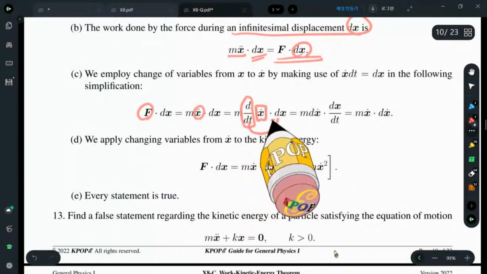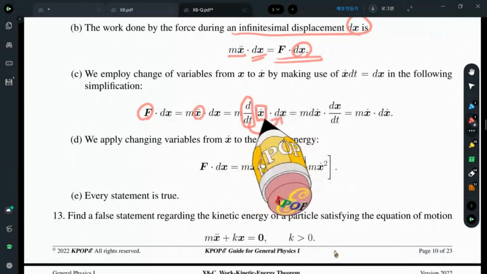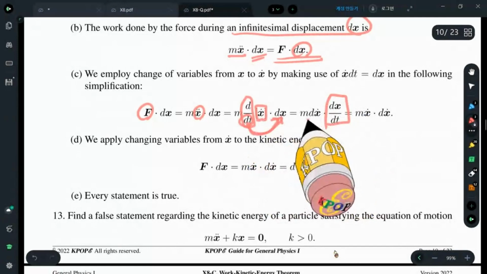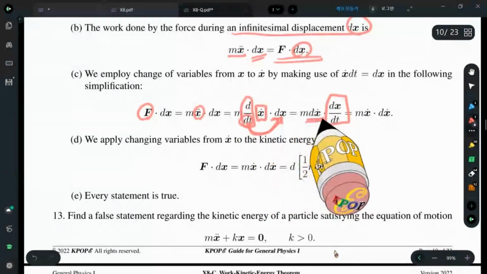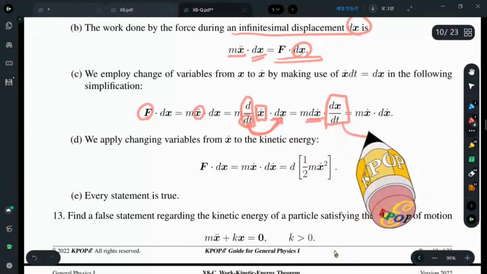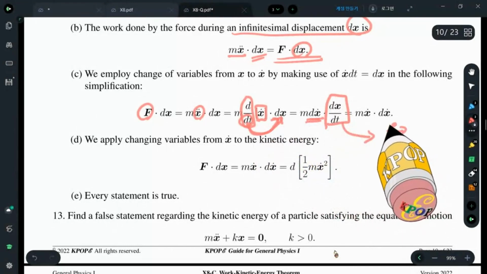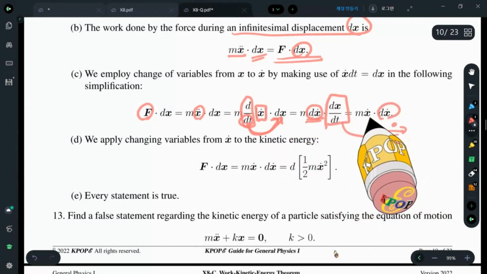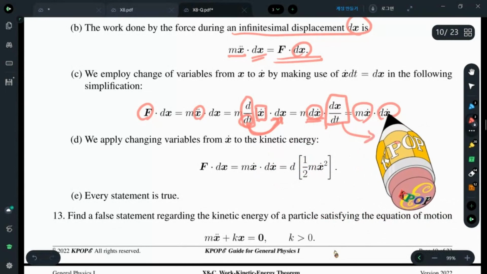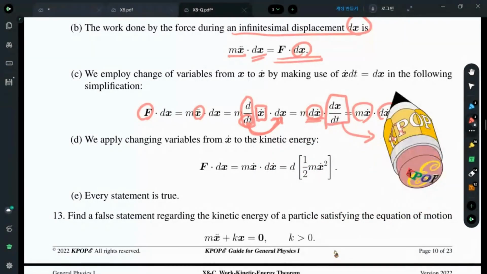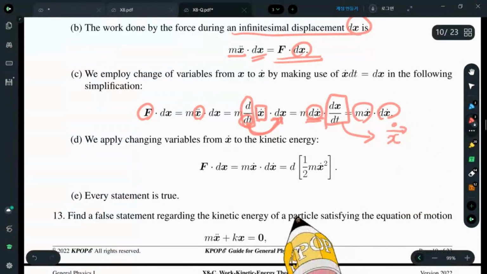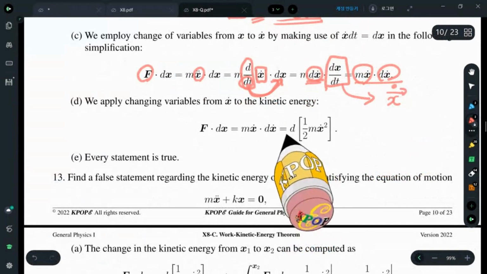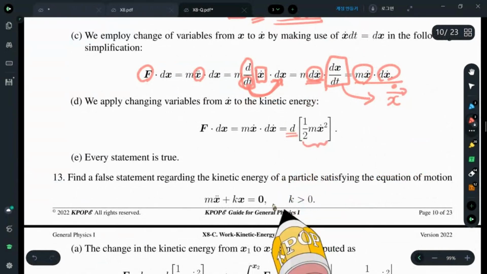Then we change the variable from x to velocity, so it becomes velocity times the differential of velocity, mass times acceleration. Finally, this is expressed as the total differential of the kinetic energy.